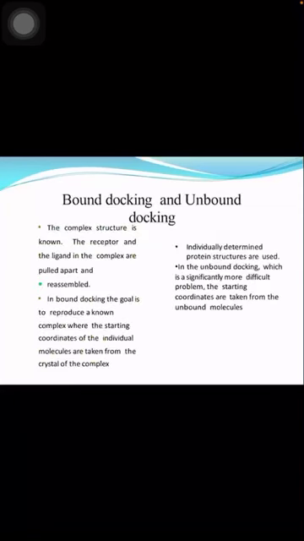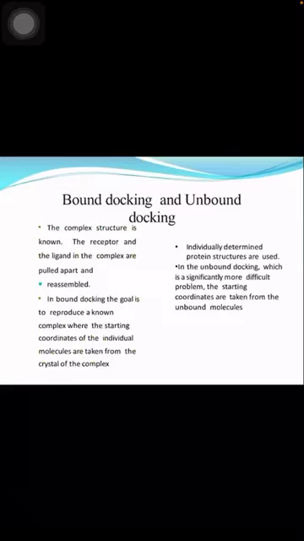What are the characteristics of bound docking and unbound docking? In bound docking, the complex structure is known, and the receptor and the ligand in the complex are pulled apart and reassembled. The goal is to reproduce the native complex, where the starting coordinates of the individual molecules are taken from the crystal of the complex.